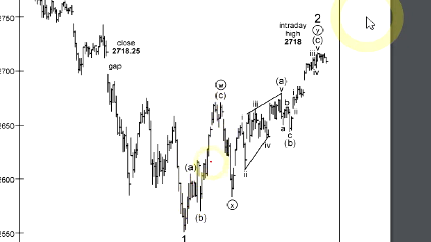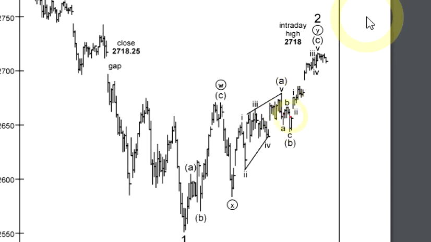And this C here, maybe it doesn't look like 5 waves. So that kind of tells you, well, this isn't over. And then we get this X wave, and now this was a little bit of a head fake here because you had this ending diagonal here, which was an A wave for the double zigzag or whatever.